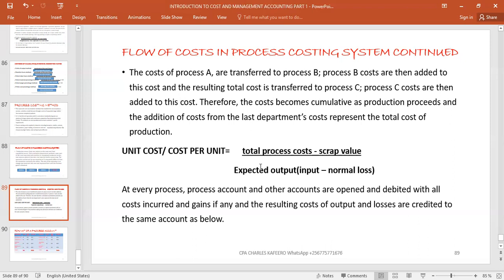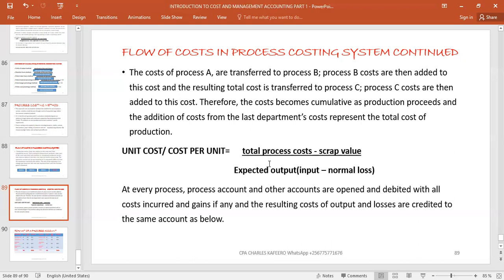So when you're trying to determine the cost of the output of the units we are expecting to get from the production, we take what we have incurred in the process as the total process costs. We less the scrap value or the normal loss value, and we divide by the expected output.